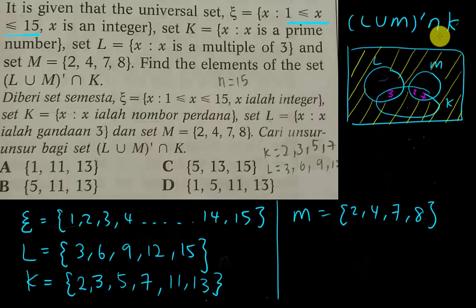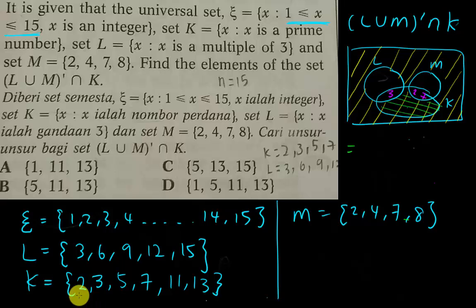Everything outside of K and M must intersect with K. That means the yellow color intersect with K is only this part. Do you find out? It's only this part, because everything outside of L union M, which is the yellow color, intersect with K, which is the green color part, which is what I shade. So that means I cannot include 3, 2, and 7.